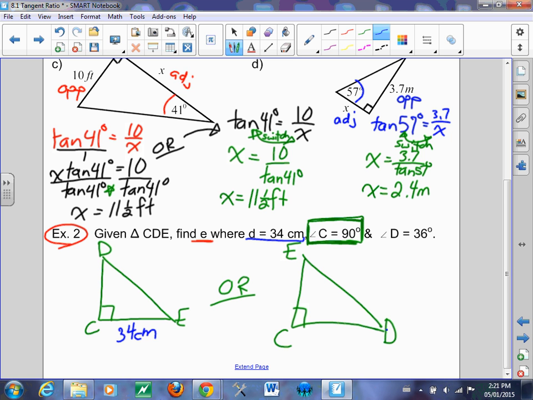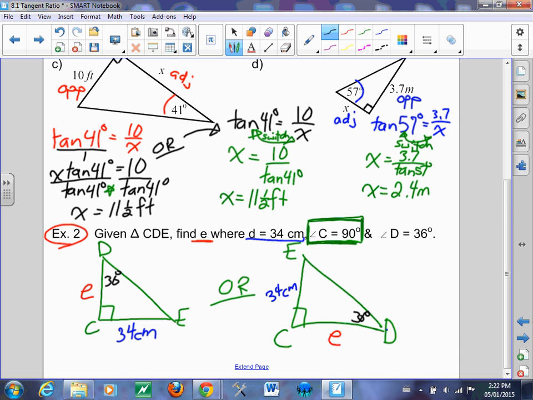But this is angle D, so opposite on the second triangle, it's 34 centimeters here. Okay? And the last one we're going to take a look at, we're going to find E first. So this is what we're trying to find, E and E. And then D is 36 degrees. So 36 degrees and 36 degrees.